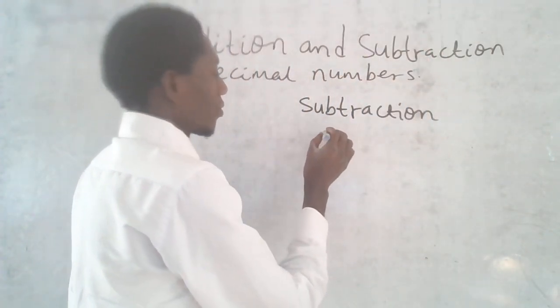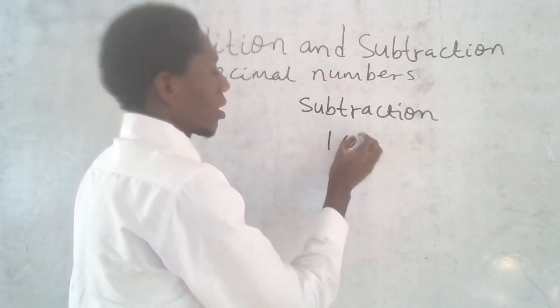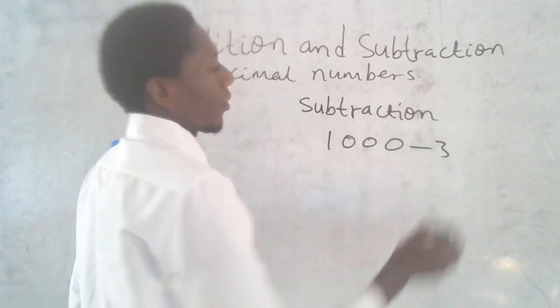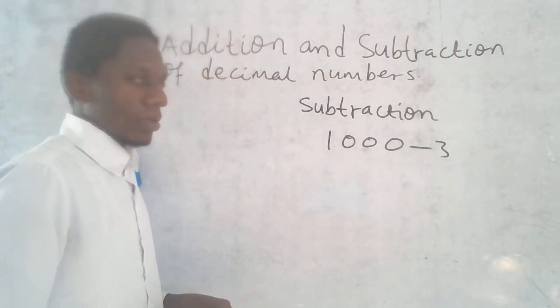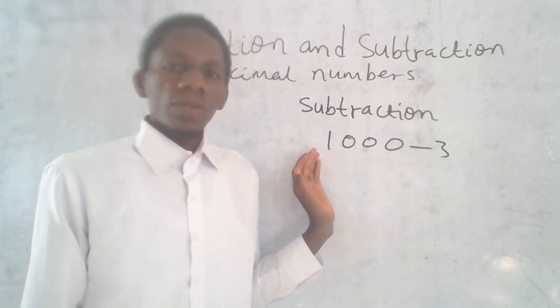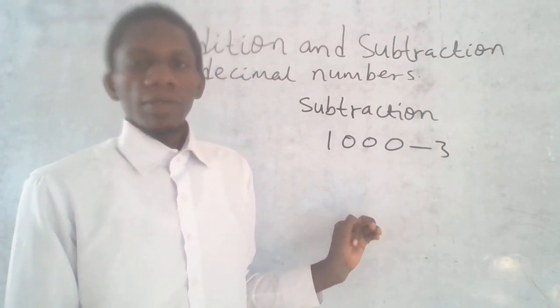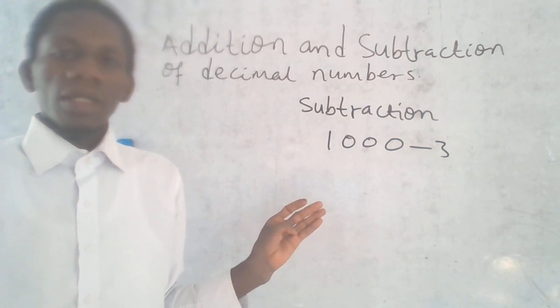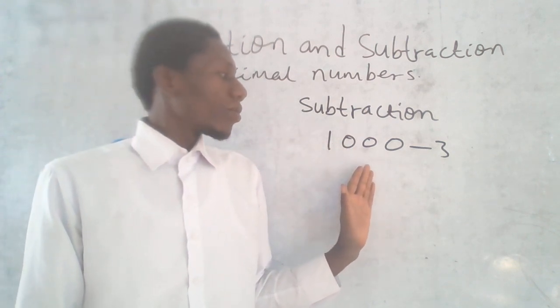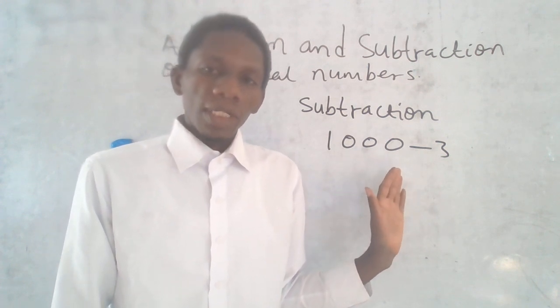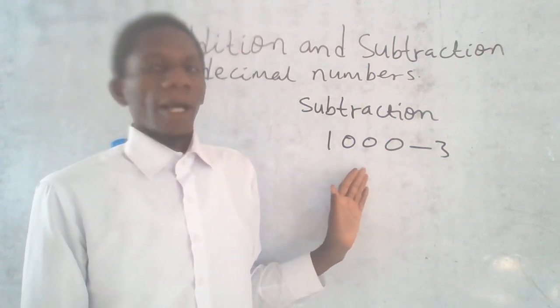Let's say you have 1,000. This is 1,000 minus 3. Now, normally if somebody asks you 1,000 minus 3, you may be able to give them the answer straight away, but when you have to work it out, it will become a problem if you really didn't know it.